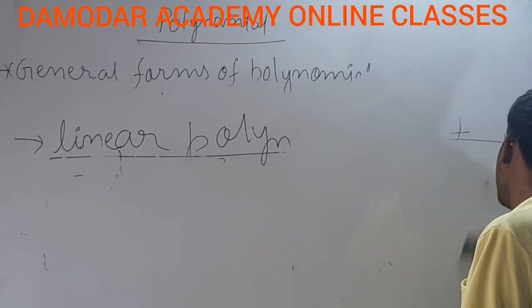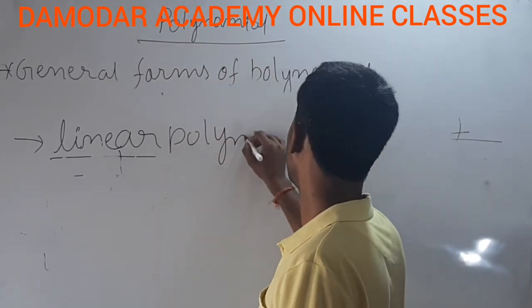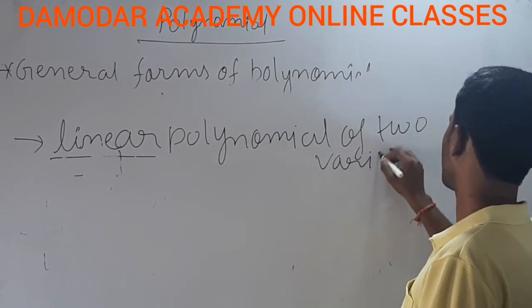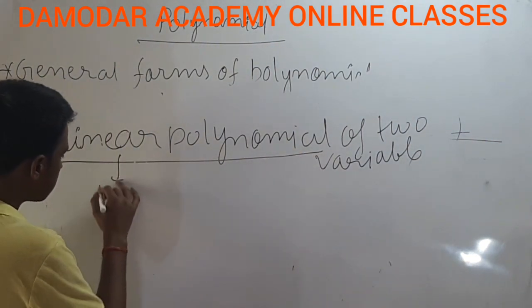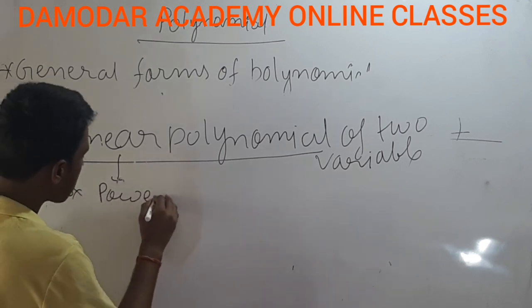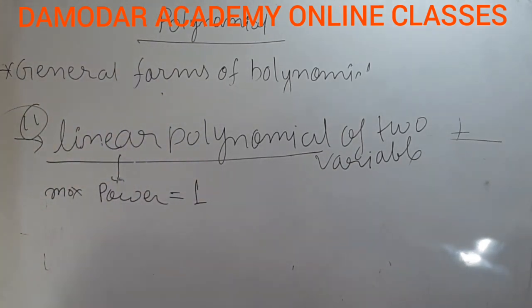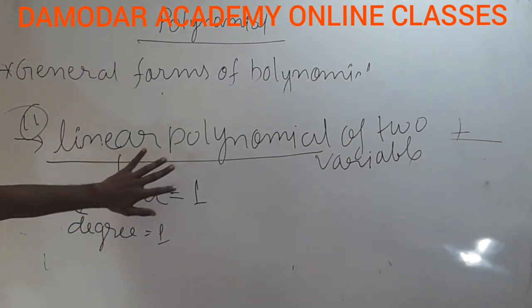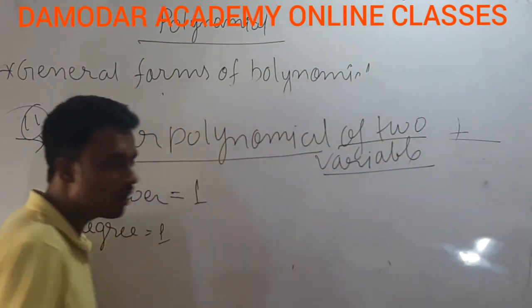Linear polynomial of two variables. देखो ये तो समझ में आ गया ना कि लीनियर पॉलिनोमियल मींस मैक्सिमम पावर, ये देखो दूसरा पॉइंट है, ठीक है, मैक्सिमम पावर इज ऑलवेज 1, ठीक है, और इसका मतलब क्या था, डिग्री इज इक्वल टू 1। तो भाई जैसे पिछले केस में क्या था, लीनियर पॉलिनोमियल ही था, अभी भी वो लीनियर पॉलिनोमियल है, but the number of variables increases from 1 to 2.